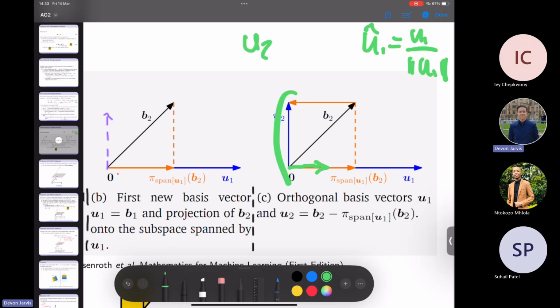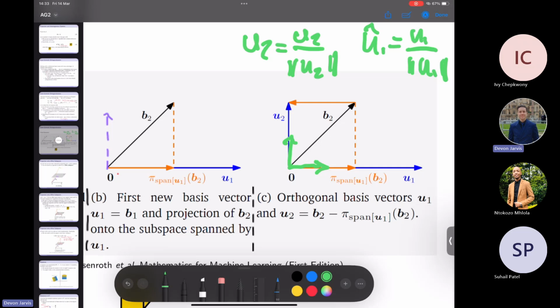You have U2 defined there, which is again coming from just subtracting the orange vector from B2. You then have U2 hat is equal to U2 divided by the norm of U2, and then we have a vector there. Now they're both 90 degrees and they're both independently normalized.